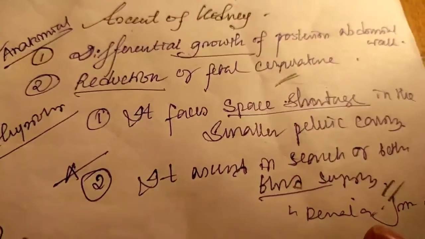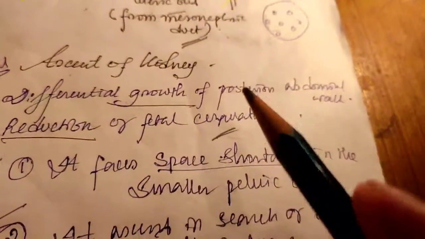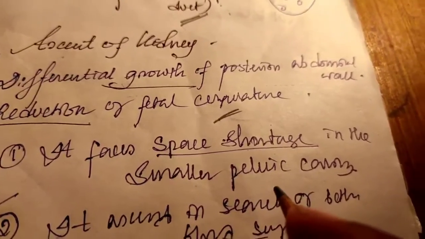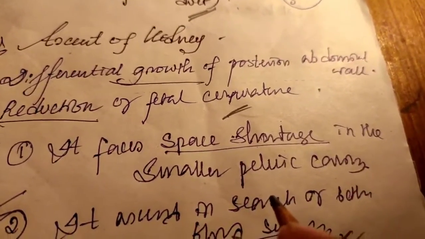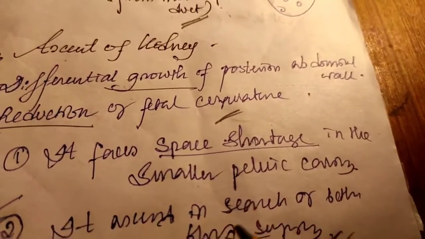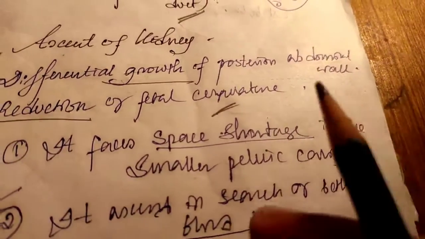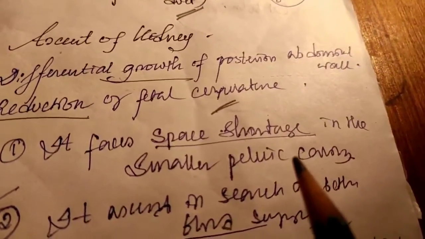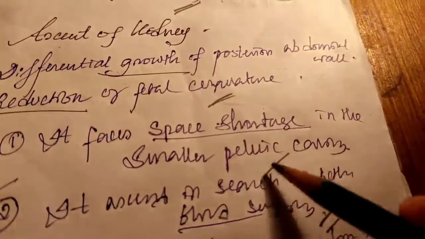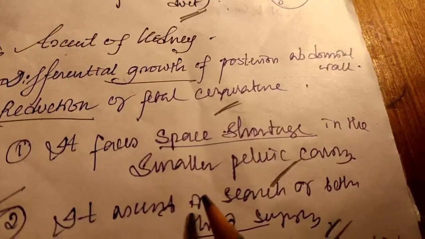Now the physiological reasons. As we know, the kidney is located at the lumbar vertebral levels. The left kidney extends from T12 to L3, and the right kidney is located from L1 to L2. Both kidneys initially occupy the pelvic cavity, and because the pelvic cavity has a small diameter, it leads to space shortage. So the first point is that the kidney faces space shortage in the smaller pelvic cavity.